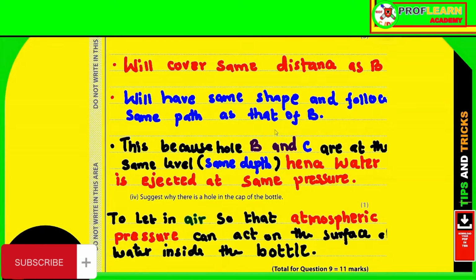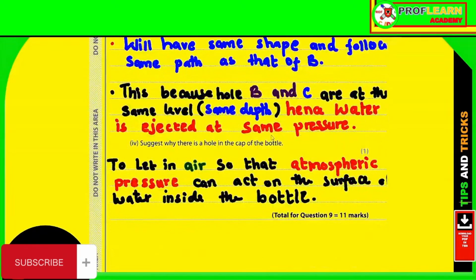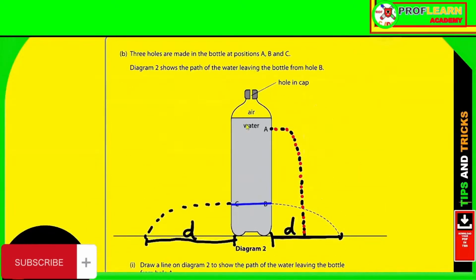Suggest why there is a hole in the cap of the bottle. If we seal this, if we close this, the liquid will not come out, because the liquid will only come out if atmospheric pressure is exerted on the surface of the liquid.